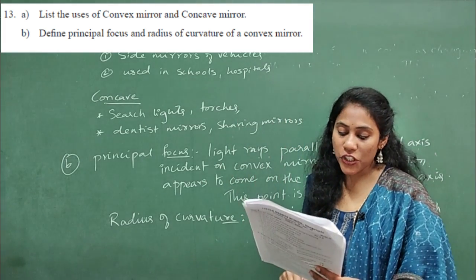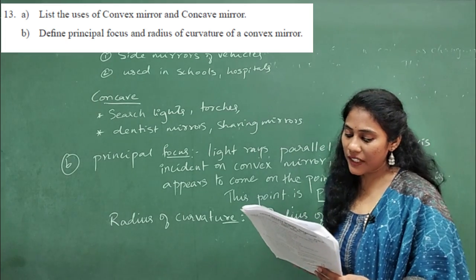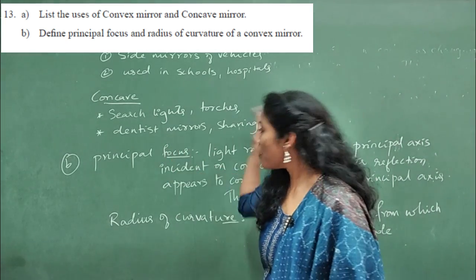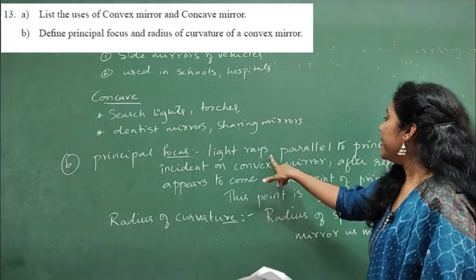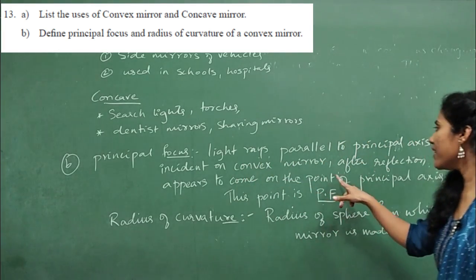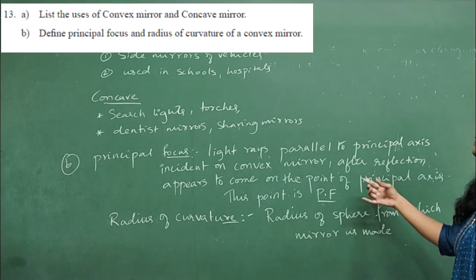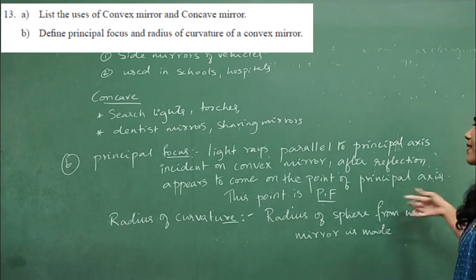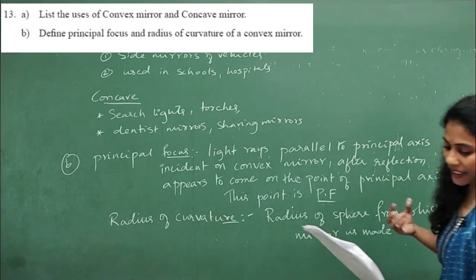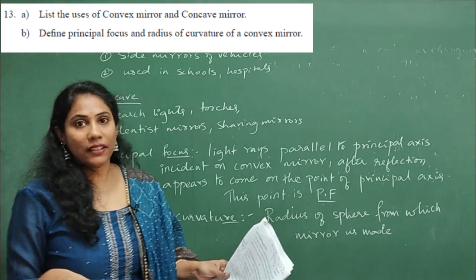Coming to the second question: define principal focus and radius of curvature of a convex mirror. First, define the principal focus of a convex mirror. When light rays parallel to the principal axis are incident on a convex mirror, after reflection, they appear to come from a point on the principal axis. This point is called the principal focus. Actually, this convex mirror is a diverging mirror, isn't it?